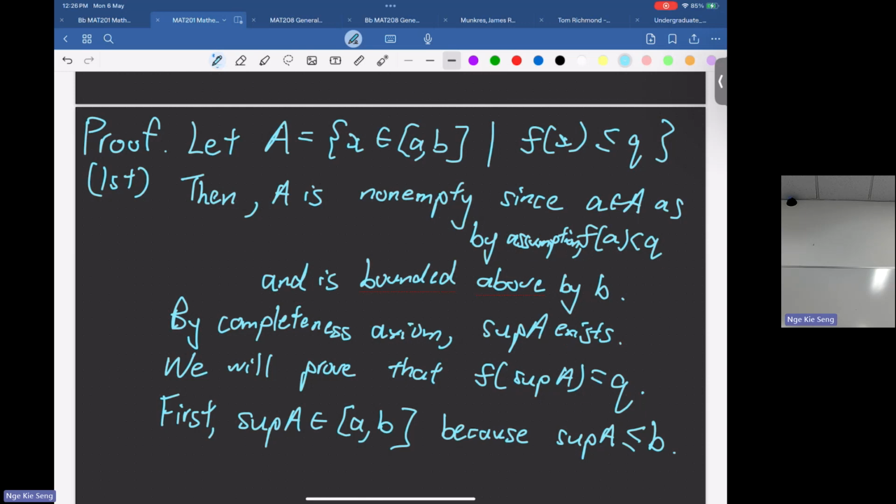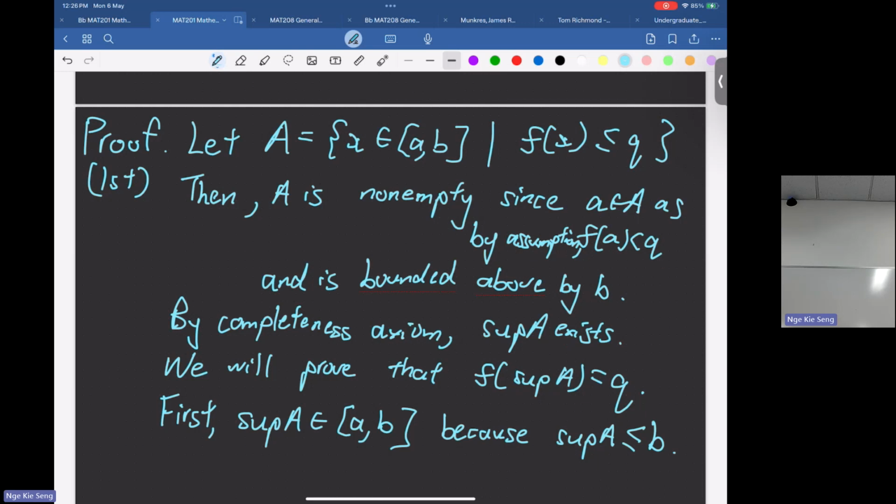And what is the definition of a closed interval here? All the numbers that are greater than or equal to a and less than or equal to b. So the smallest it can get is just a, and the largest it can get is only b. So it's some number inside there. We can find this number because of the completeness of the real numbers. I don't know what number this is, but this number exists. Make sense?